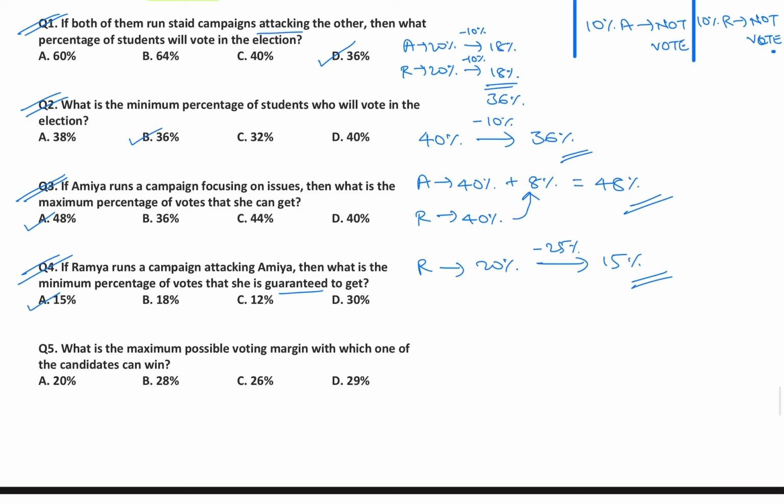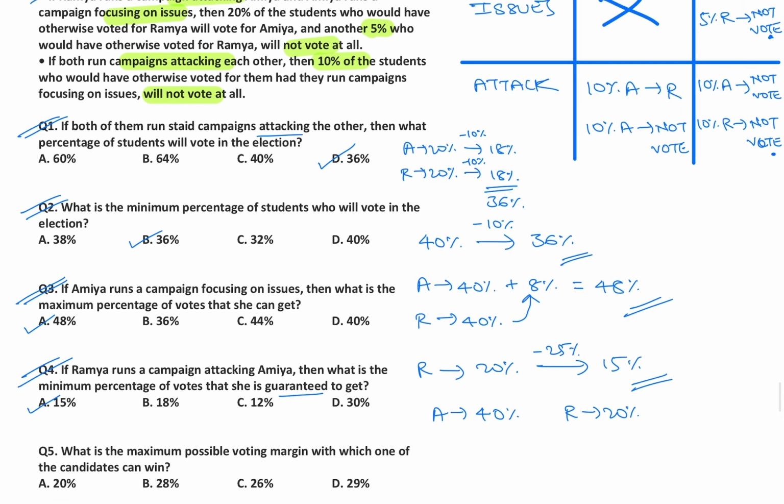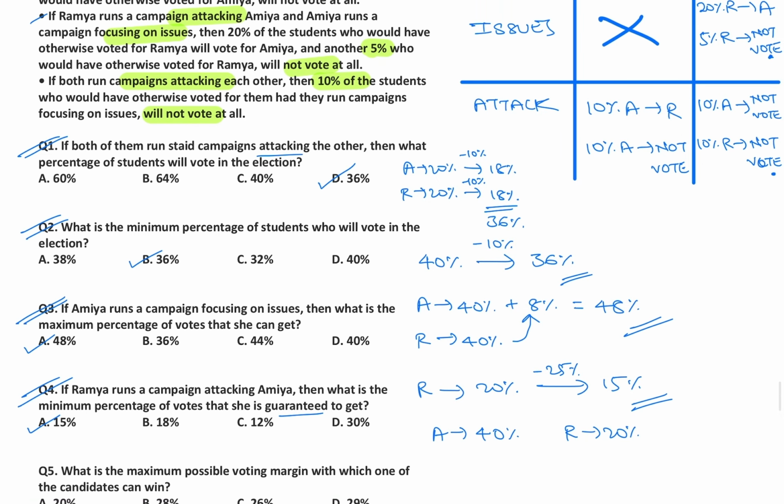Let's take a case first where A has 40 percent of votes and R has 20 percent of votes. Now when we talk about having a broader spectrum of voting margins, we'll look at cases where they are getting reduced significantly.